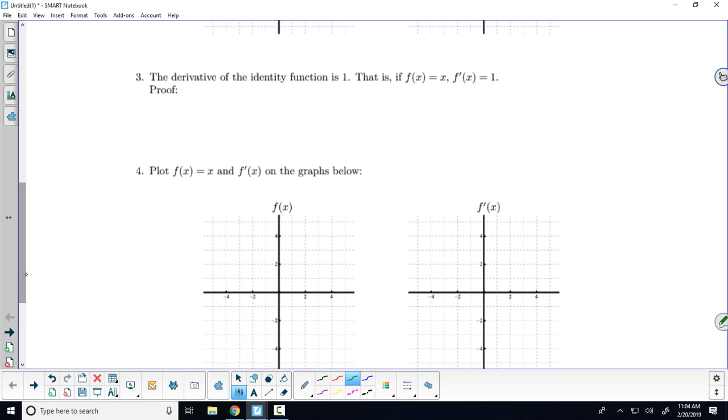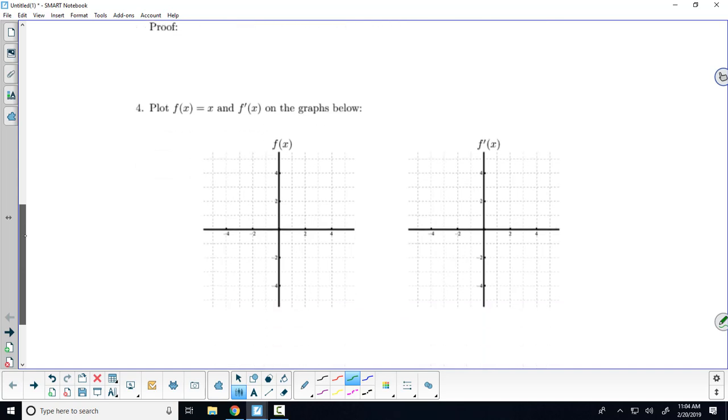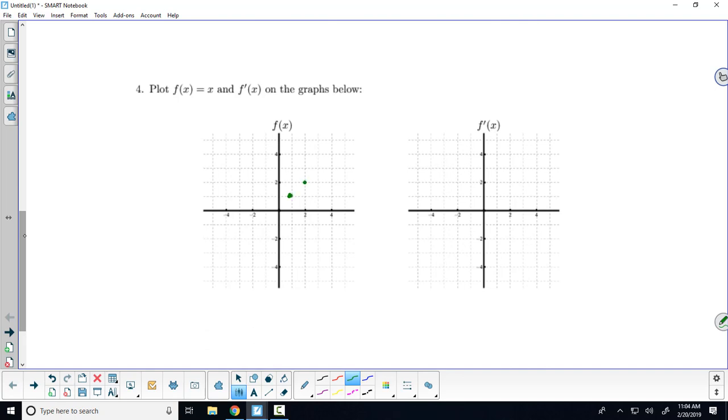For the next one, we say that the derivative of the identity function is 1. Let's look at the graph and see if that makes sense. Here's my identity function. It's the graph where you input a -4, it spits out a -4. You input 20, it spits out 20.